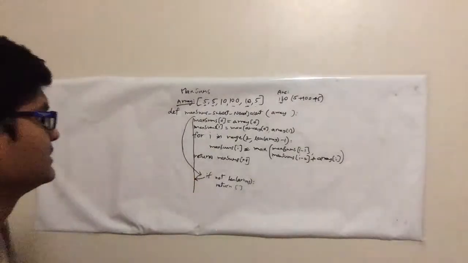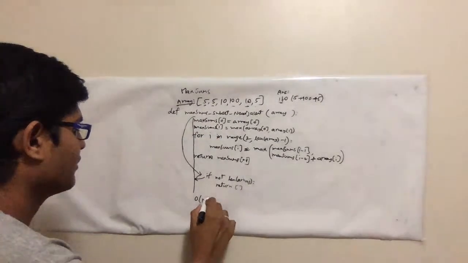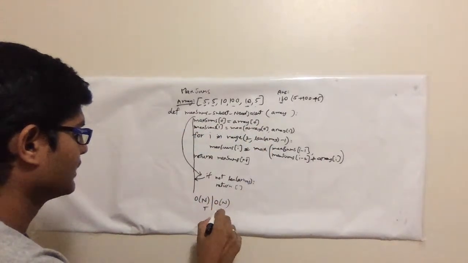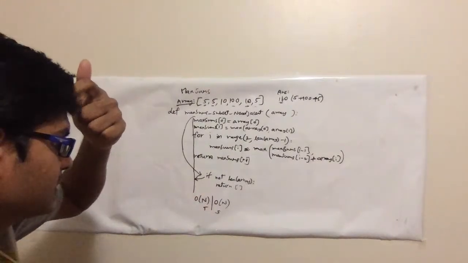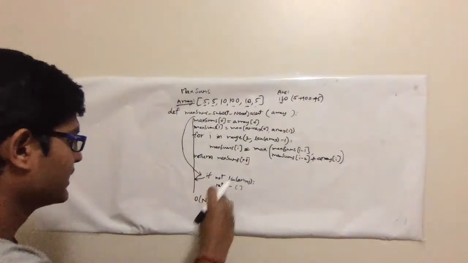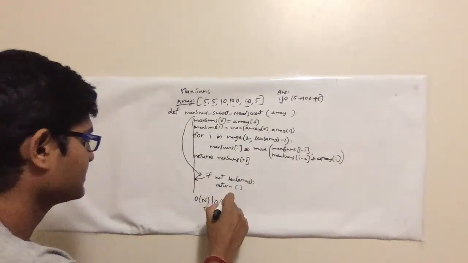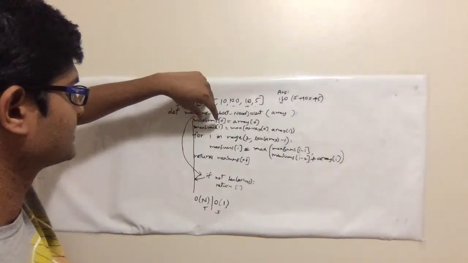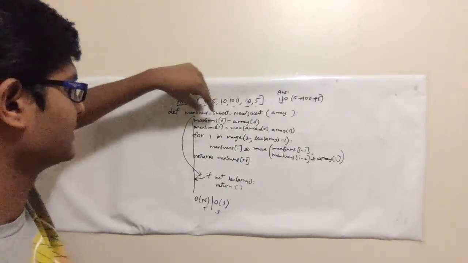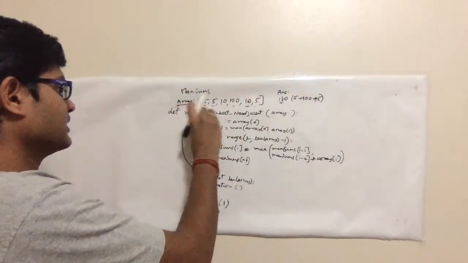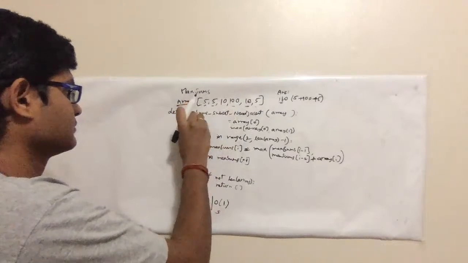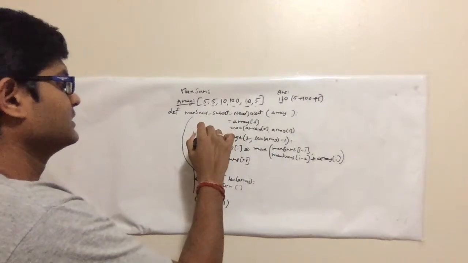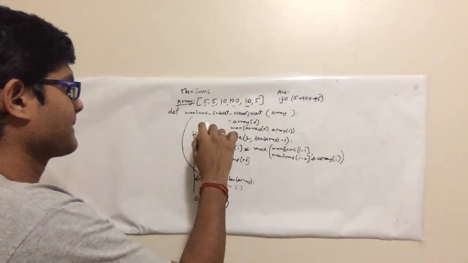Basically, this will execute in big O of n space and big O of n time. As we talked, for making it big O of 1 space, we need not save these two elements in an array, and just save them in variables.